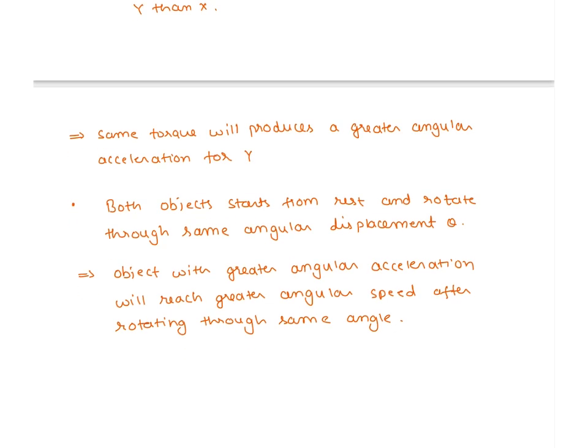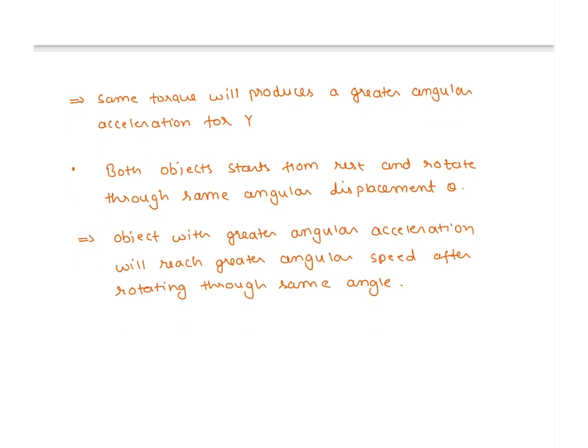And if you see, both toys start from rest and rotate through the same angular displacement theta. The string unwinds the same length L naught. So from here I can say the object with greater angular acceleration will reach greater angular speed after rotating through the same angle.